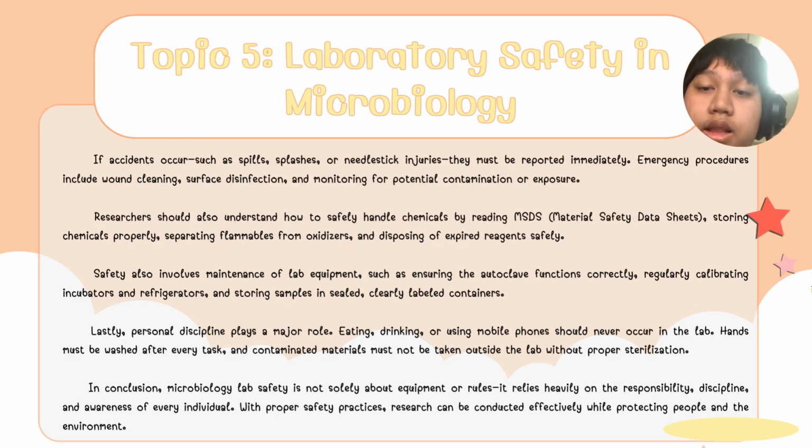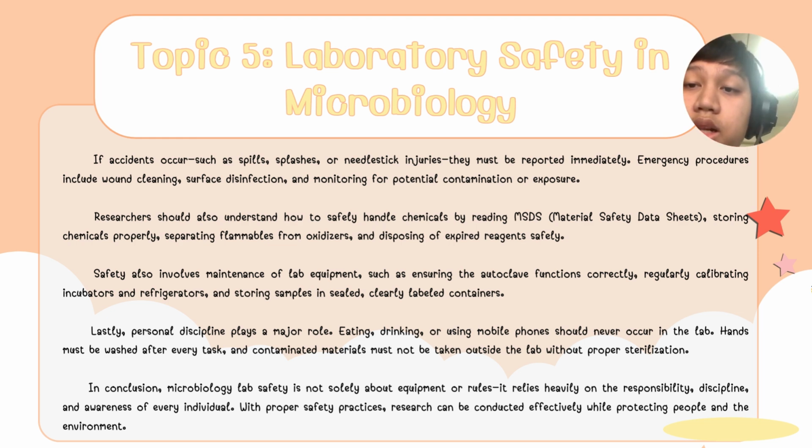If an accident occurs, such as a spill, splash, or needle stick injury, it must be reported immediately. Emergency procedures include wound cleaning and disinfection, as well as measures to prevent contamination or exposure.